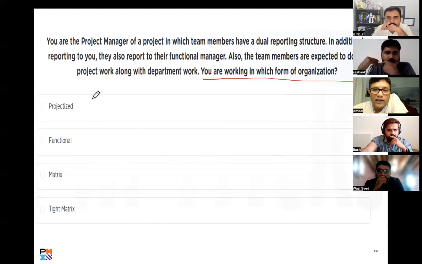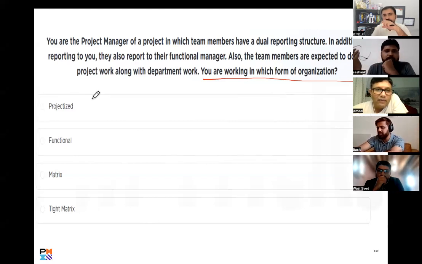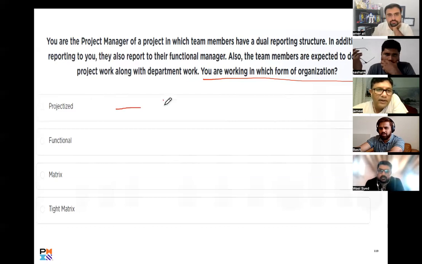So you're working in which form of organization? Basically, if you are a project manager and you're having a functional manager, you're definitely working in a functional organization, right? So option one, projectized organization, is wrong. Okay, because this is a very clear definition of people expected to do project work and department work.